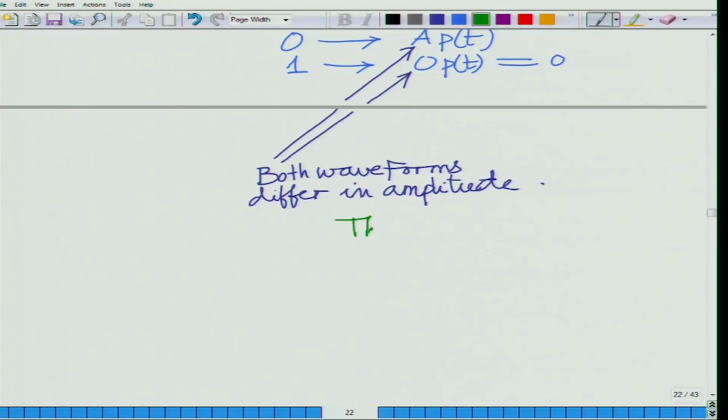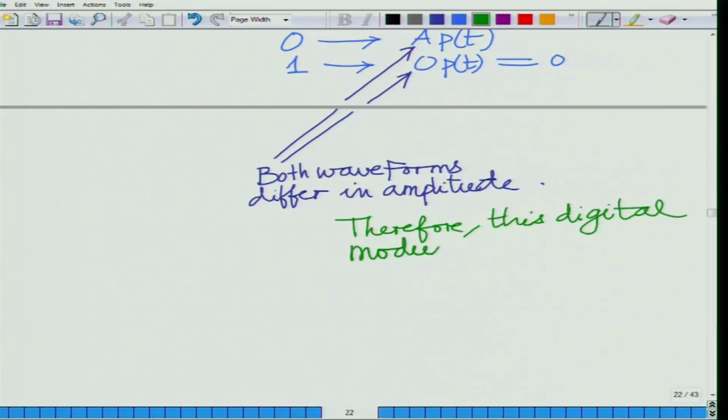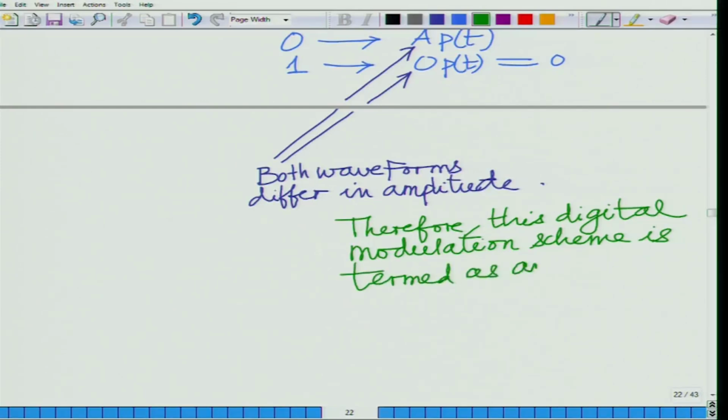Therefore, this digital modulation scheme is termed as amplitude shift keying.